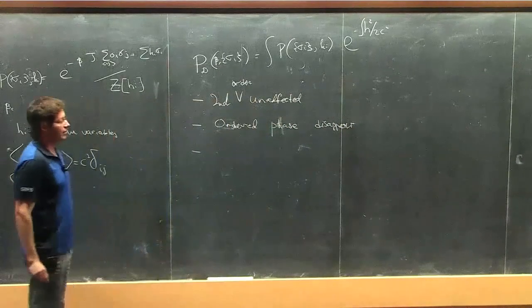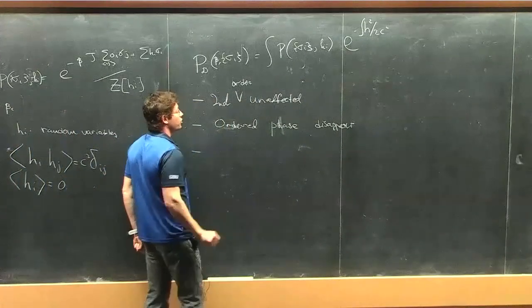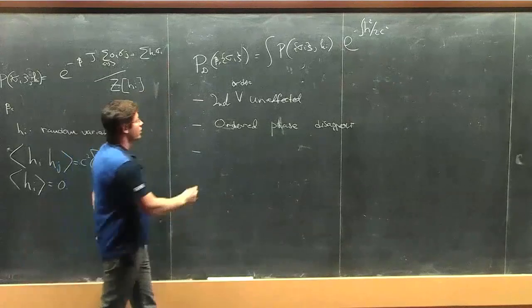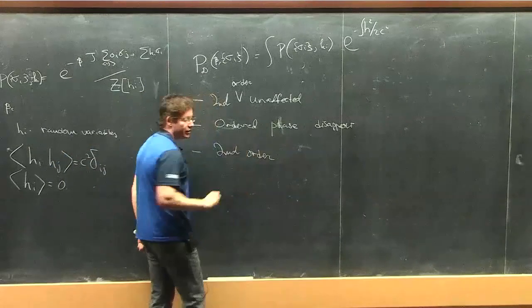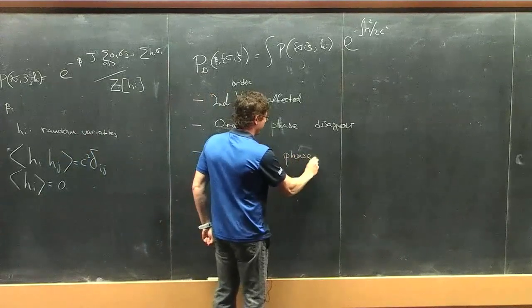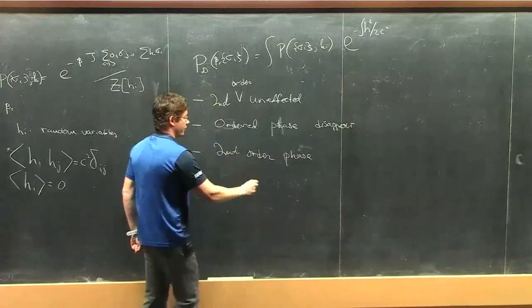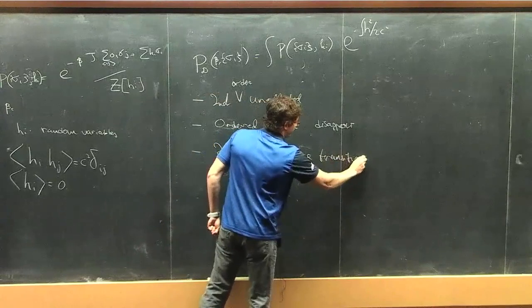So that's another scenario. The last logical possibility that I want to mention is that there is a second order phase transition and there is an ordered phase, but they're different. So the second order phase transition comes with new critical exponents.